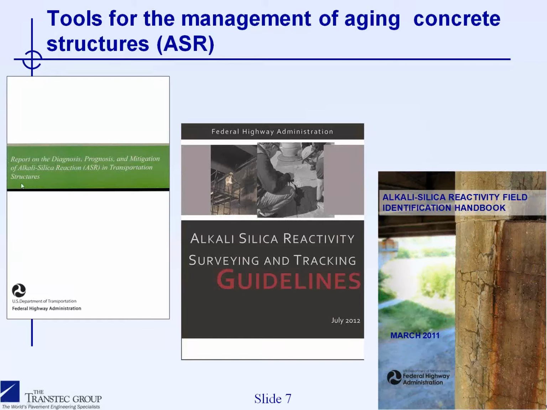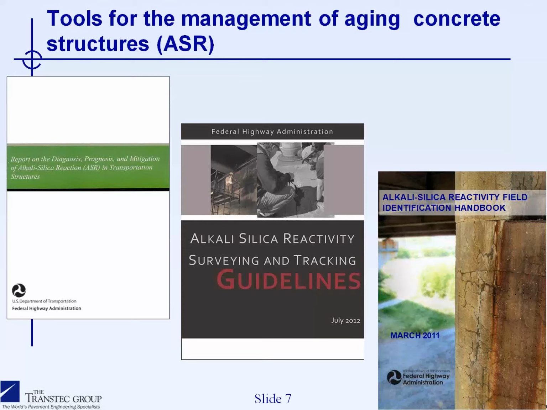So the first document is called the report on the diagnosis, prognosis, and mitigation of ASR in transportation structures. This document is a fairly extensive and detailed document that covers those three major topics for the evaluation and mitigation of ASR in structures. The second document is called Alkali Silica Reactivity Surveying and Tracking Guidelines.